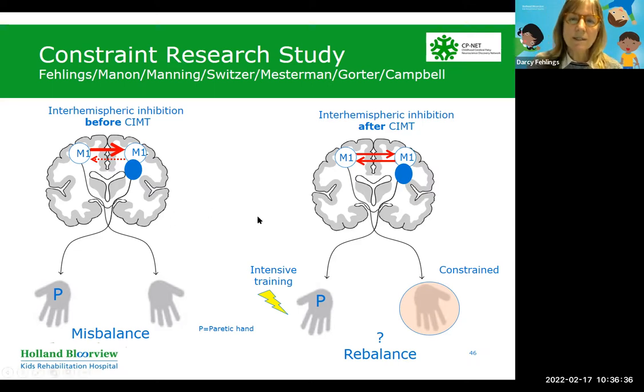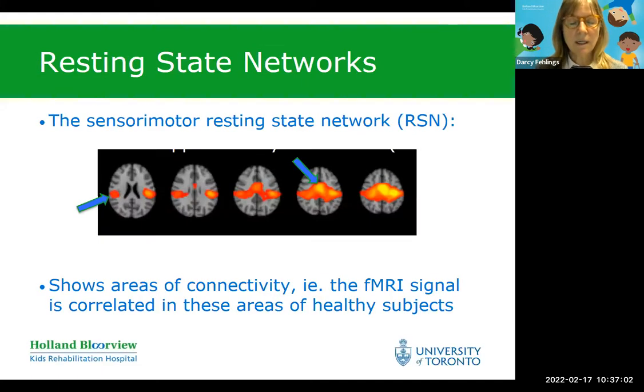We were interested in exploring this concept of hemispheric inhibition and whether constraint could rebalance the hemispheric activity. We were able to get at this particular question through looking at resting state images.